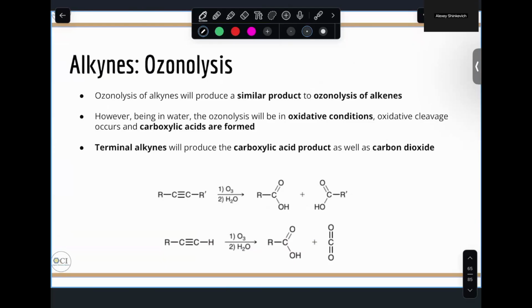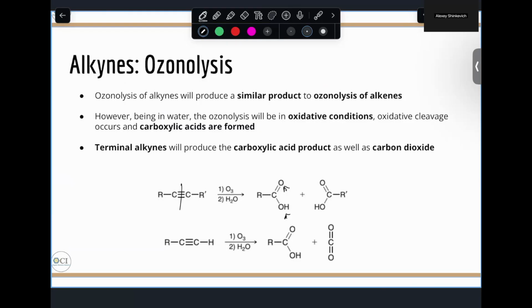All right, ozonolysis. We've learned ozonolysis before. Before, what it would do is split that double bond and just plug in oxygens there. It does something pretty similar with alkynes. It splits it and puts both an oxygen and an OH group on there.